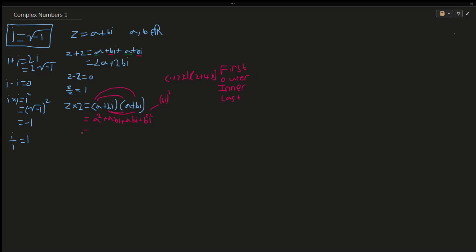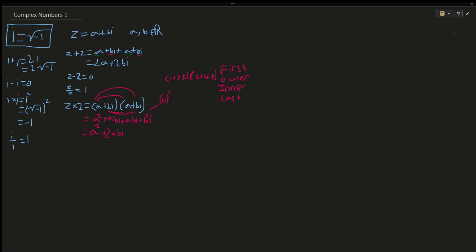Then simplifying it further, I got a squared, and these two are like terms because of the i, so we can add them together. So we got 2abi, and we have b squared i squared.